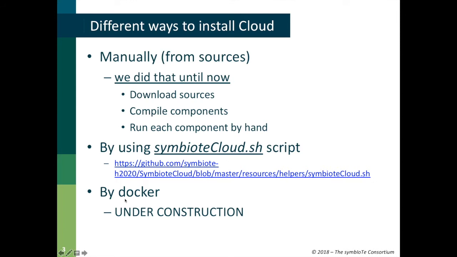This process is not so easy to do. That's why we created the second one. We created a script called symbIoTe cloud.sh. It is in the symbIoTe cloud repository under resources, helpers, symbIoTe cloud sh.